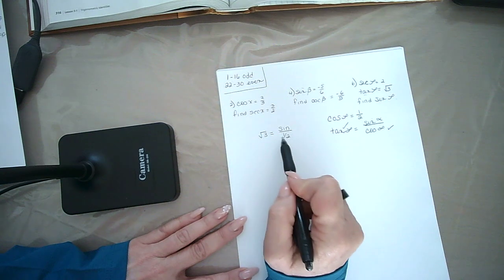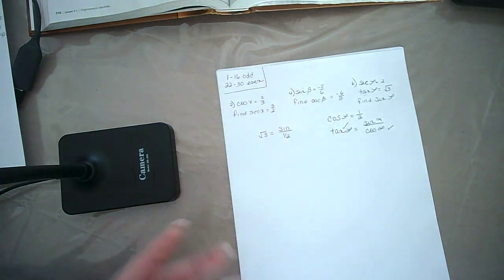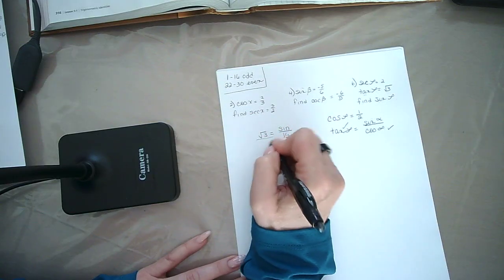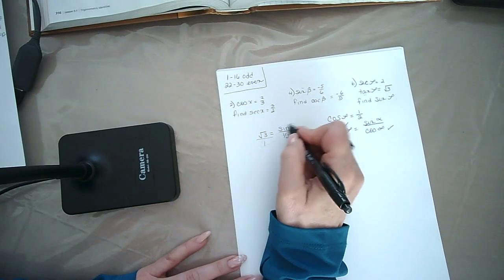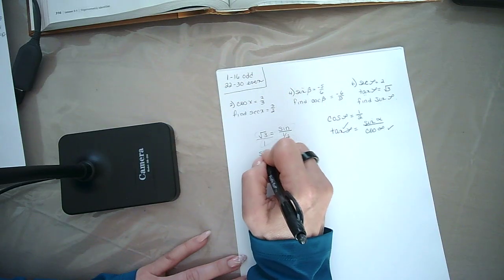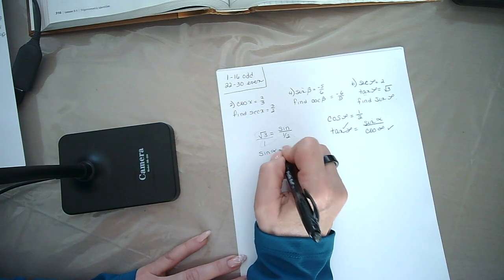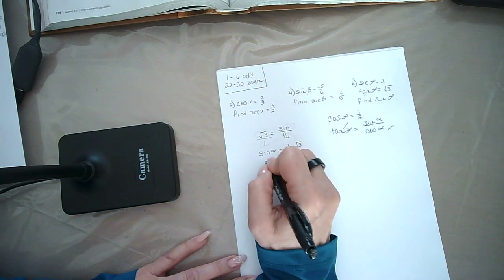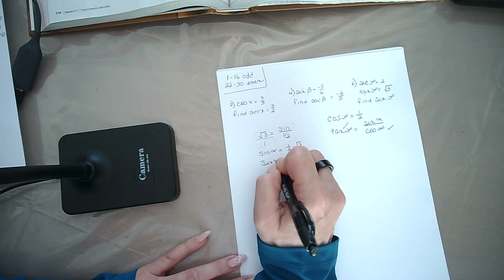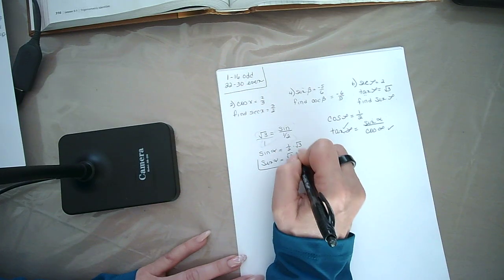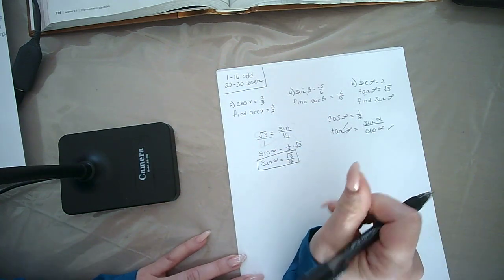If you're having trouble with the math here, this is just solving a proportion. Think of the radical 3 as over 1. Cross products: the sine of that symbol is equal to 1/2 times radical 3. So the sine is radical 3 over 2, and that's the answer for number 6.